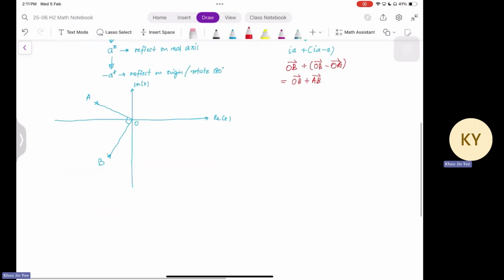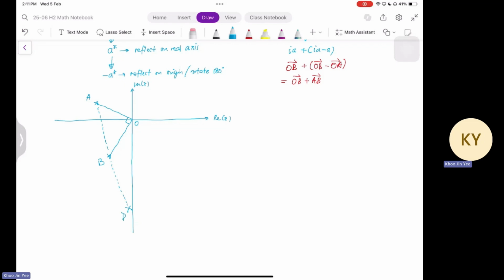So think of it this way. We are taking vector OB and we need to add vector AB, correct? So you shift the AB tip to tail. AB is here. We are going to extend another length AB over here. So your point D would be possibly over here, or maybe not exactly, depending on how you draw.